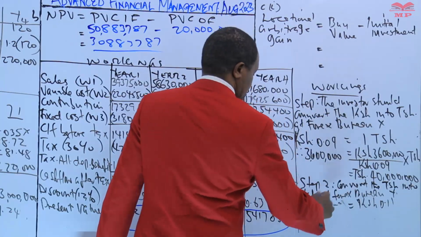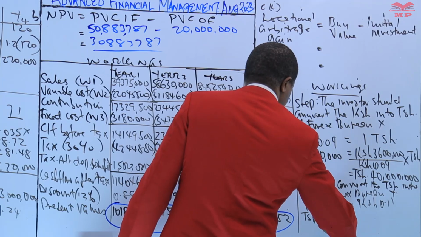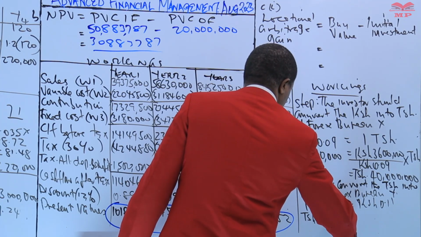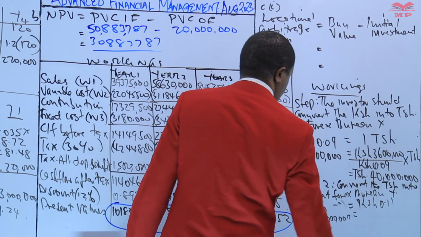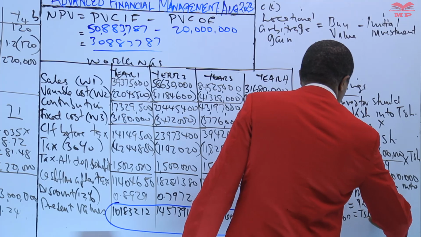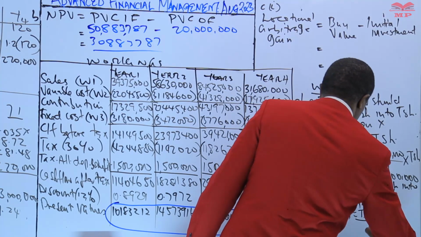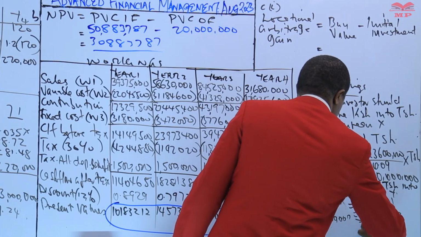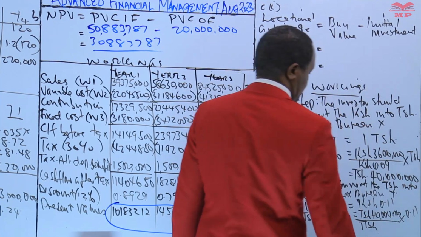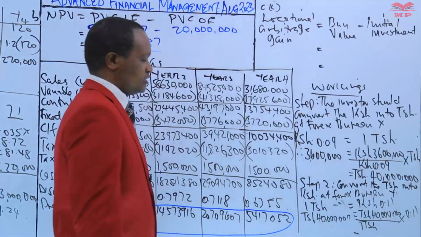So we are converting the Tanzania shillings of 40 million, which will be equal to Tanzania shillings 40 million times 0.11. We convert back to Kenya shillings.